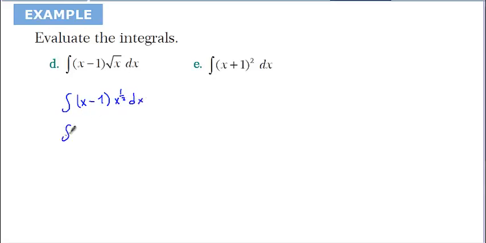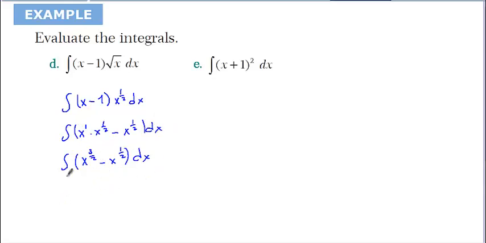Then this expression is going to be x times x to the power of 1 over 2 minus x to the power of 1 over 2. I distribute here, then it's going to be equal to the integral of x to the power of 3 over 2 minus x to the power of 1 over 2 dx. I forgot dx here.